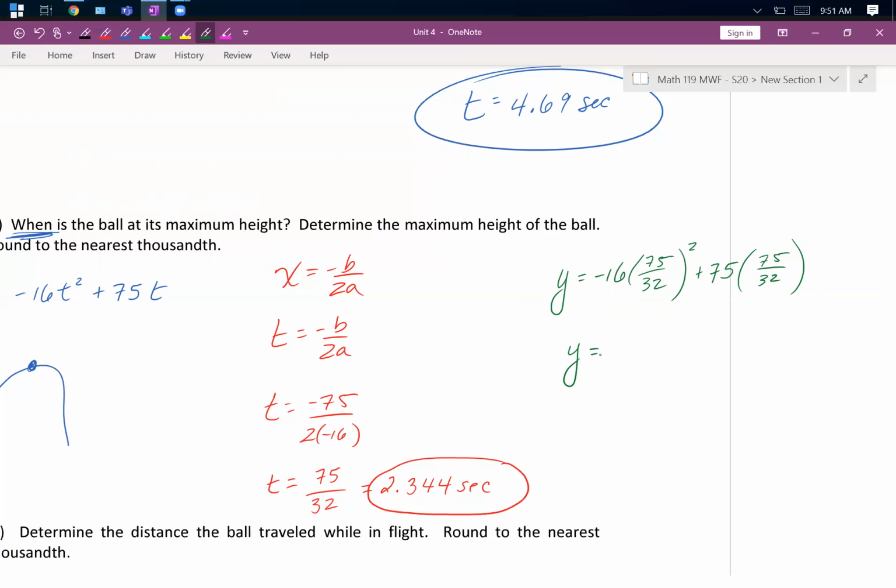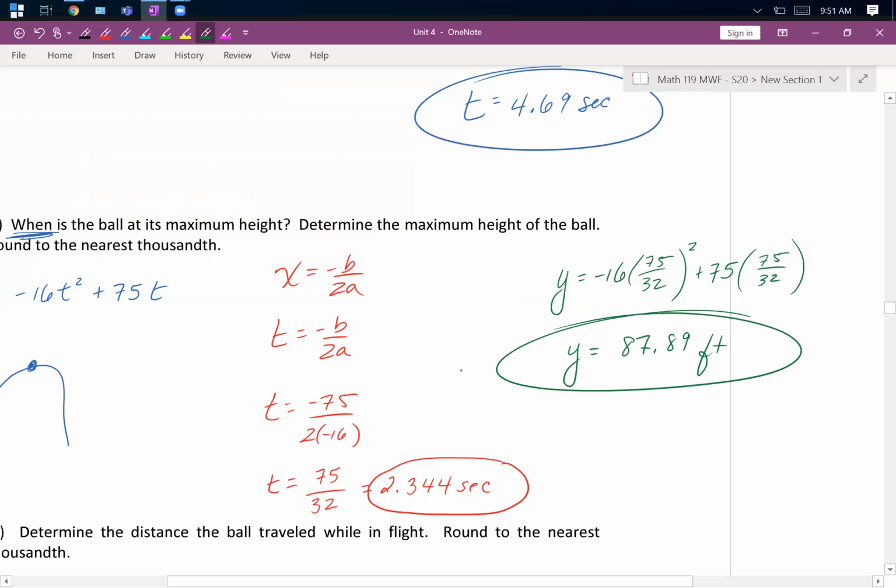I got 87.89. Sounds good to me. That's what I have in my notes anyways. So great. Questions at all?